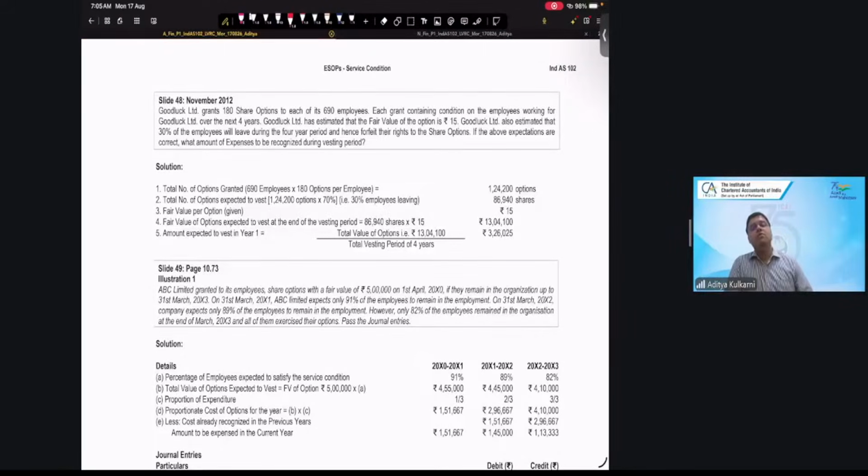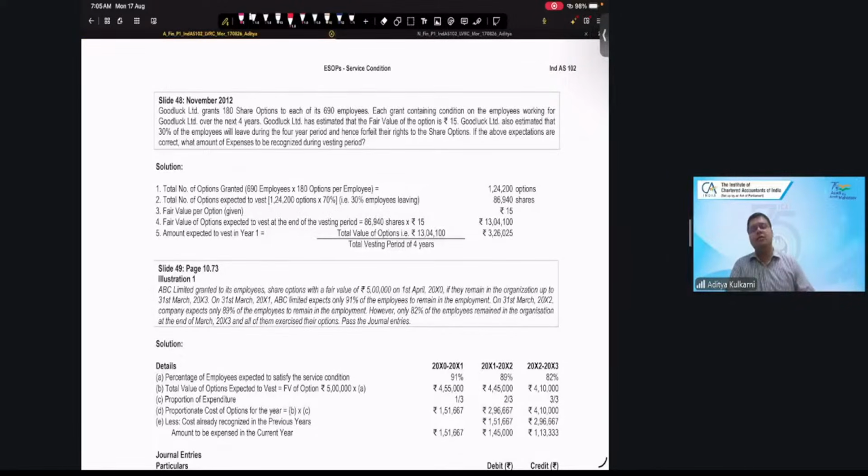So in this entire chapter, the most important part is employees' share-based payments. That is the substantial part of the chapter. We have a couple of small topics that do deal with share-based payments other than employees. We'll cover that also, but that is largely ornamental in nature.